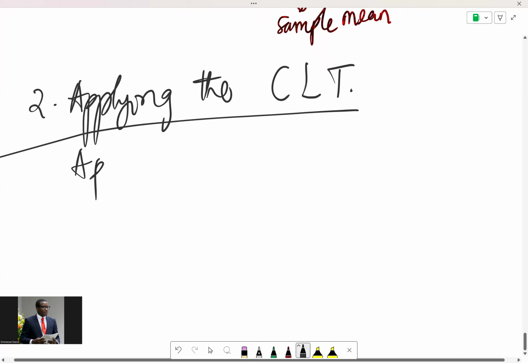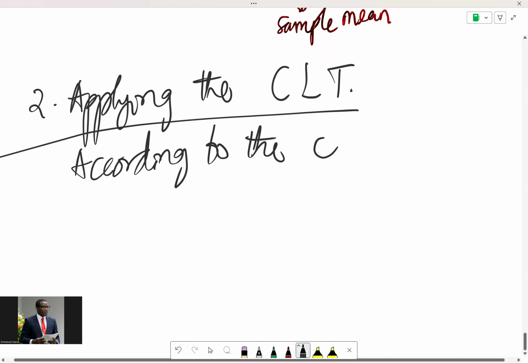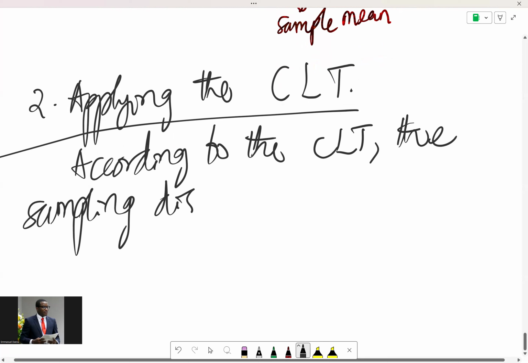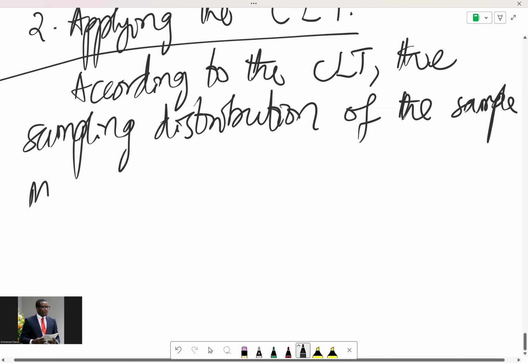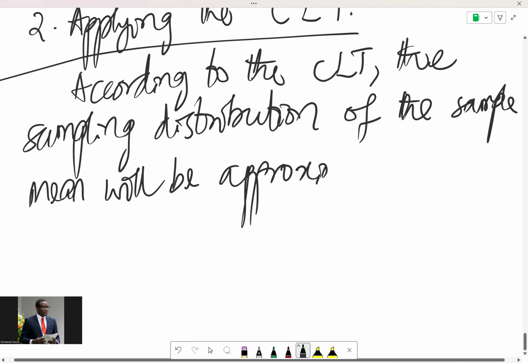According to this central limit theorem, the sampling distribution of the sample mean will be approximately normal.